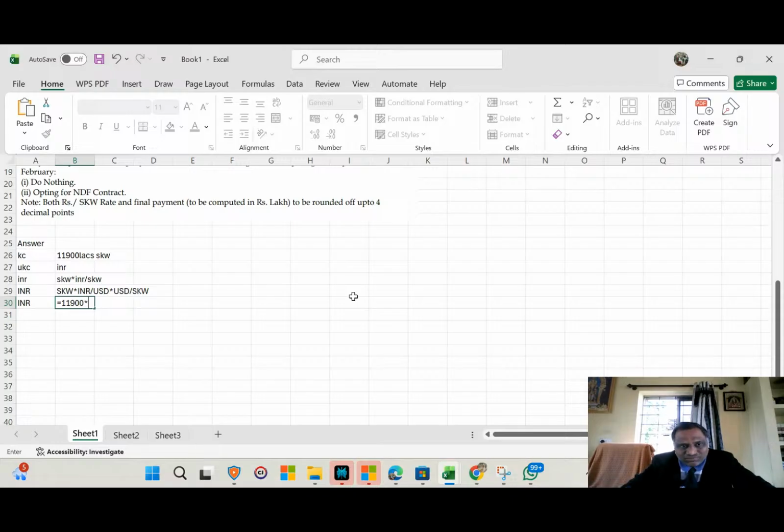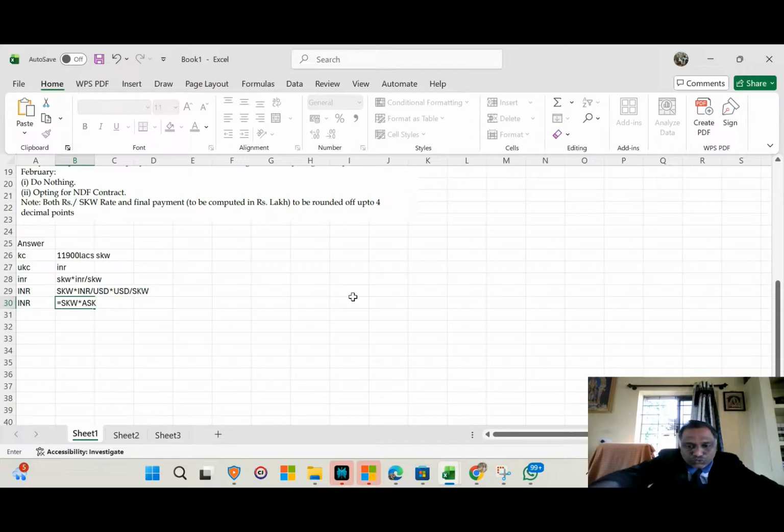So then you need to draft here SKW into ask rate, because I am going to buy and the banker is going to sell.